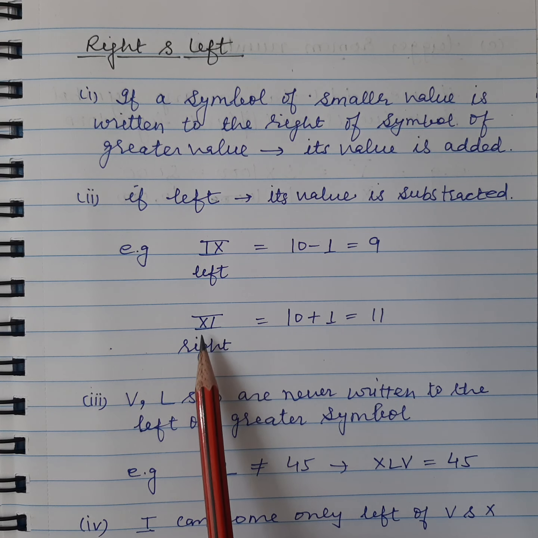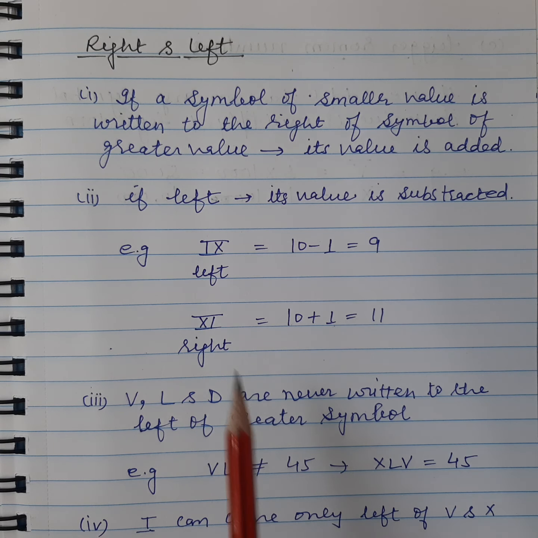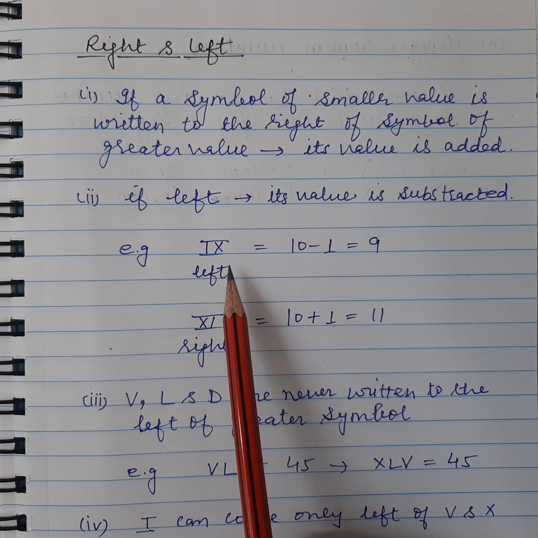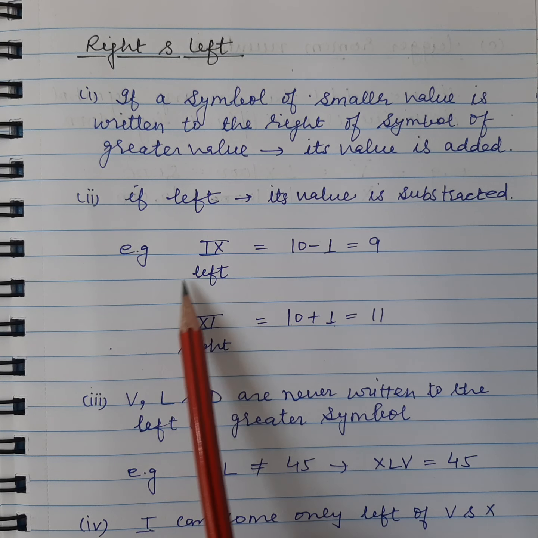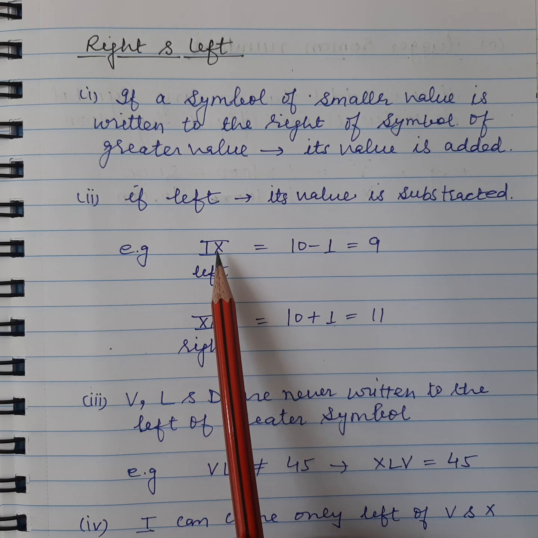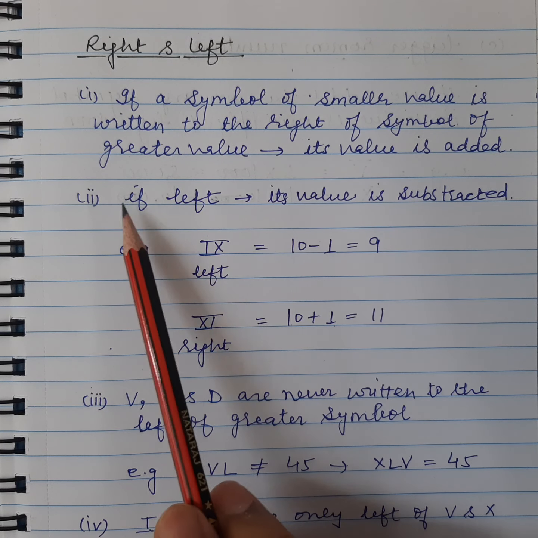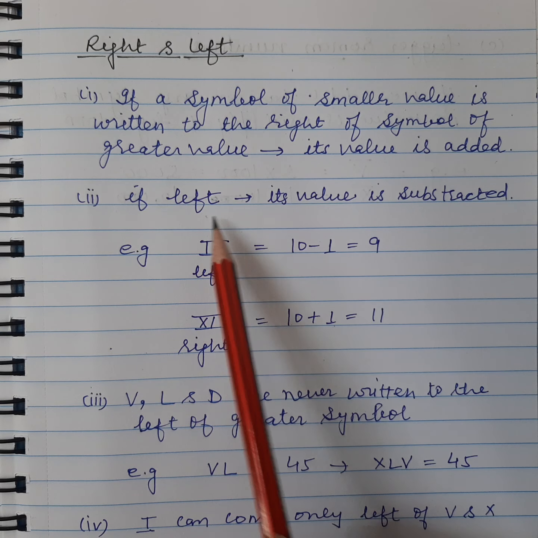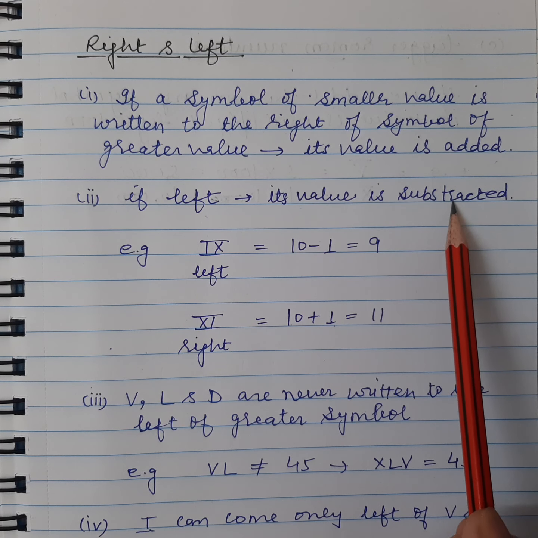For example, XI, here it's 10 plus 1. Here I is at the right hand side of X, so its value is added. And if it's at the left hand side of X, its value is subtracted. So if it's right, its value is added. If it's left, its value is subtracted.